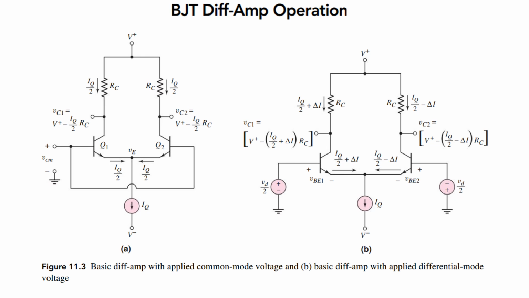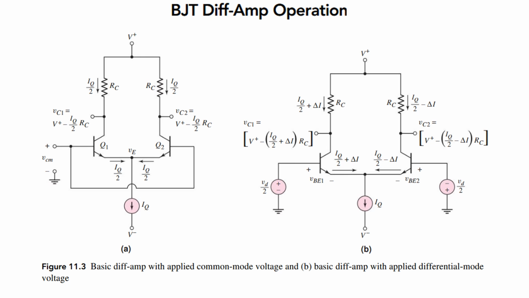The second structure shows the only difference: now we give the differential mode input voltage, that is, the signals are different across the two terminals. Output again we collect through the collector terminals.